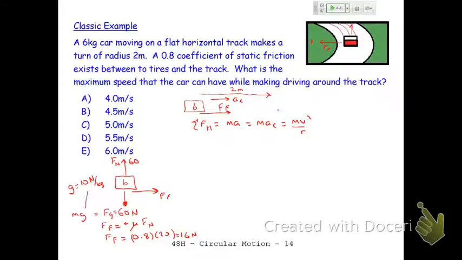Yes, the car is moving in a horizontal plane, but it still has weight. Agreed? The way I find the weight is I use mg, but g is not the acceleration due to gravity. I know most people were taught that. It's a really bad thing to be taught. It is the gravitational field strength. It's just the pull of the earth on the car, and that's going to be 10 newtons per kilogram.